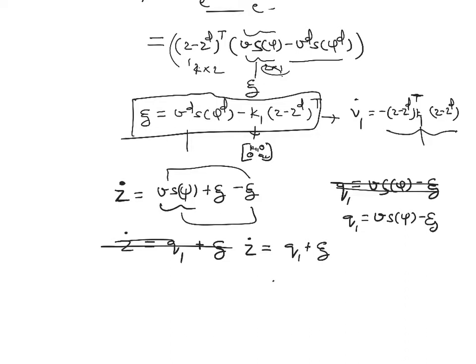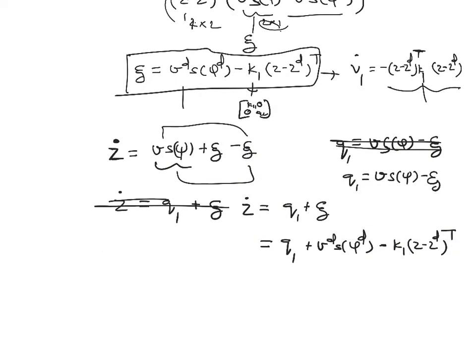Let's plug in the value of zeta. From here it is plus vds psi d minus k1 into z minus z desired. No transpose, good. So that's our z dot.